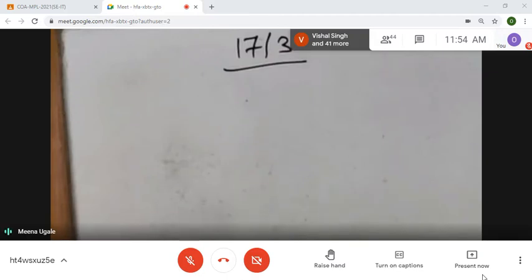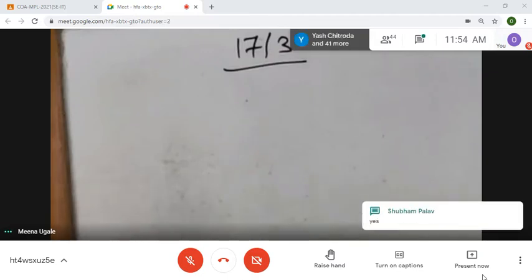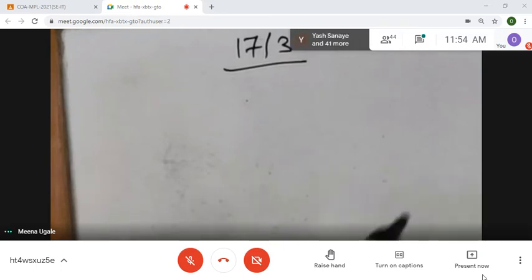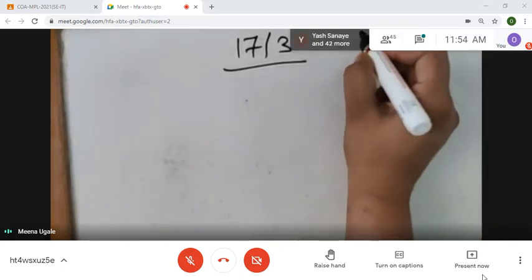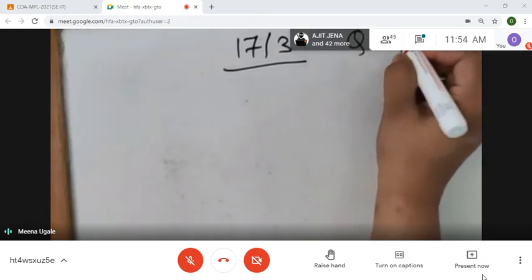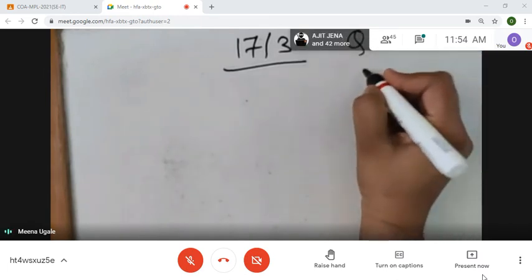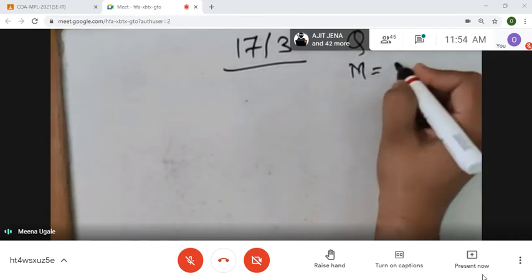So just open that flowchart with you and we'll start with this, 17 divided by 3. First convert these values. First write in Q the binary for 17 and write in M the binary for 3.